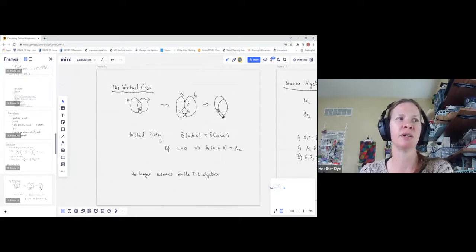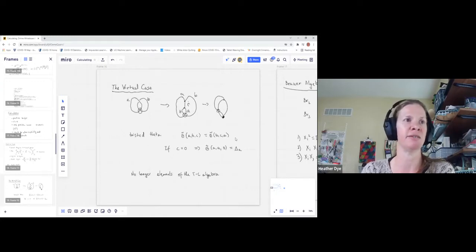So this is what I'll call a twisted theta. In our twisted theta, the order doesn't matter. We can just take this one edge and move it with our Reidemeister moves over to the other side. So the order of A, B, and C doesn't matter, just as it didn't matter in the classical case.